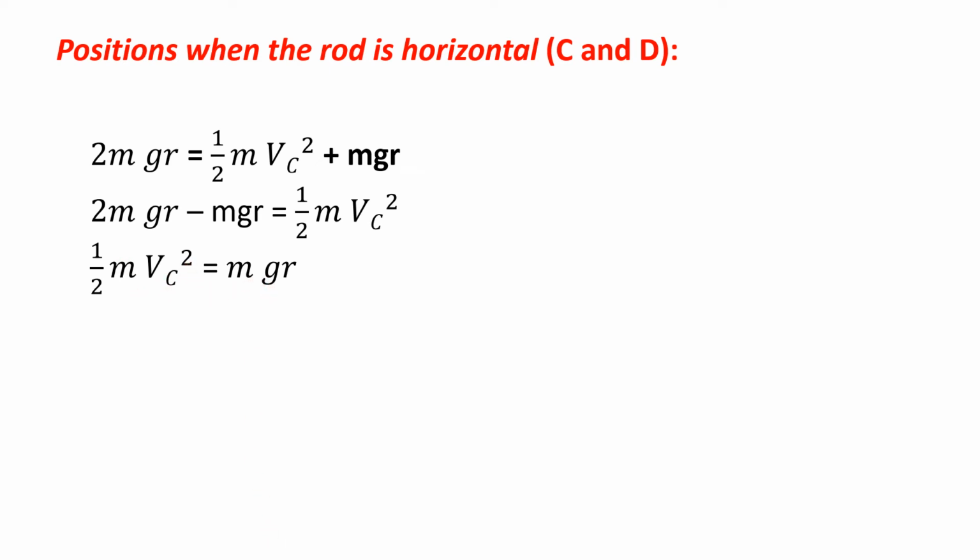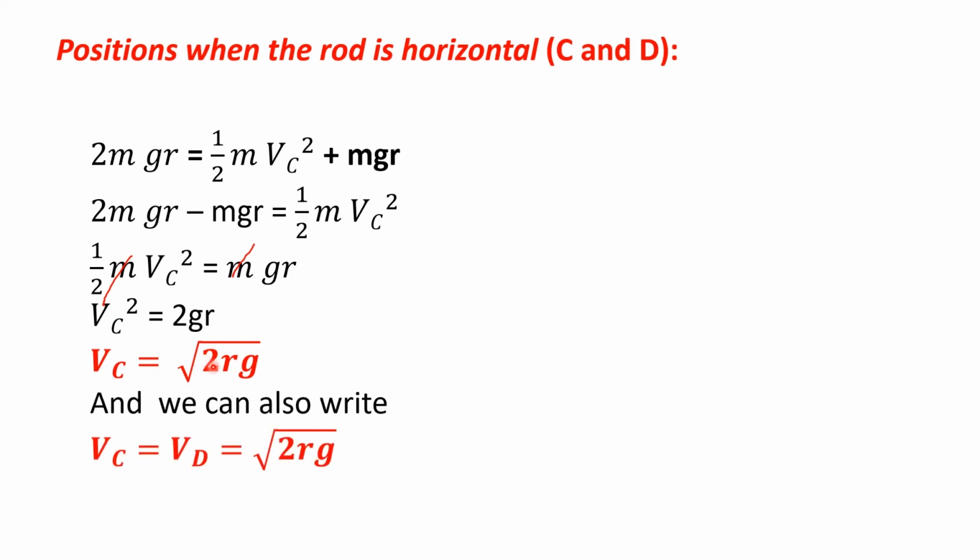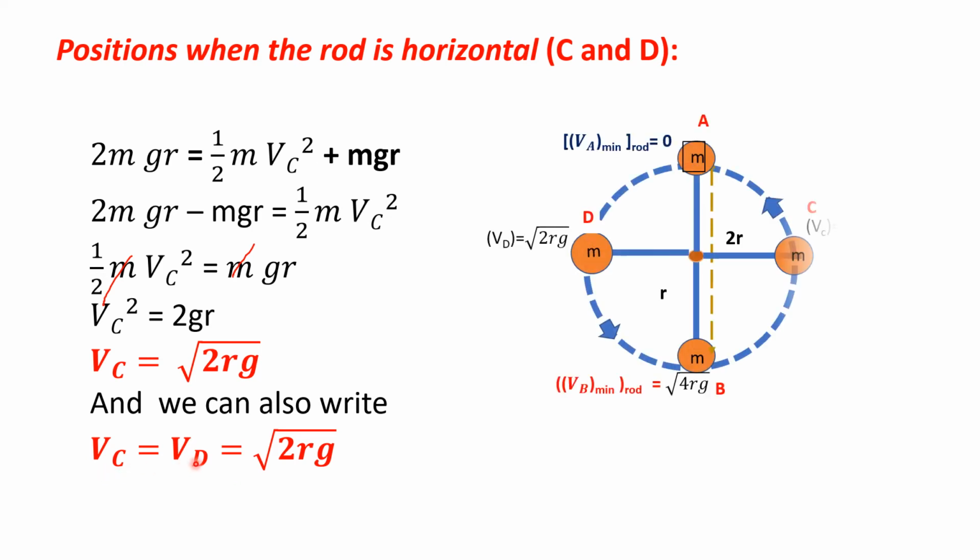Here we cancel out the common term m from both sides, and we get Vc square is equal to 2gr, and hence Vc is the square root of 2rg. As the point D is also a midpoint, we can write Vc is equal to Vd is equal to square root of 2rg.